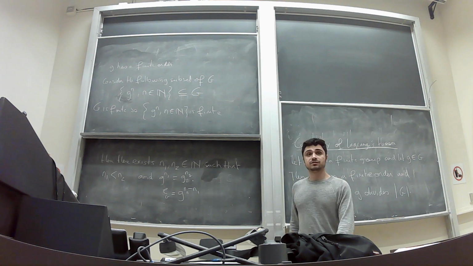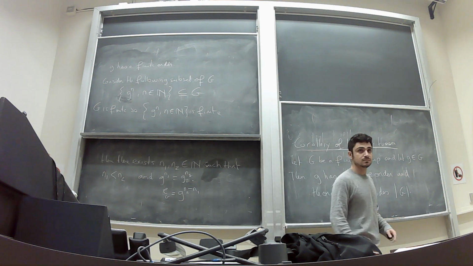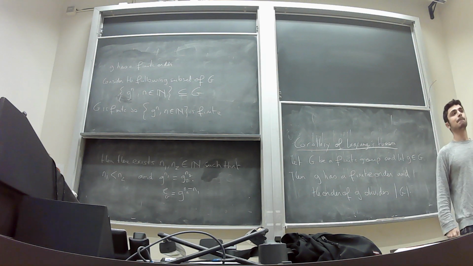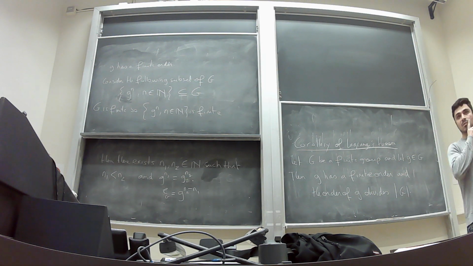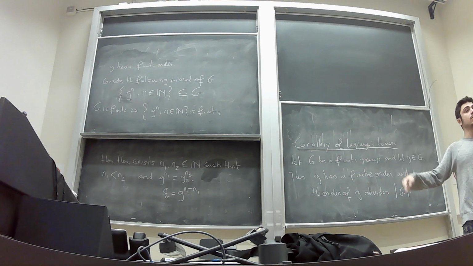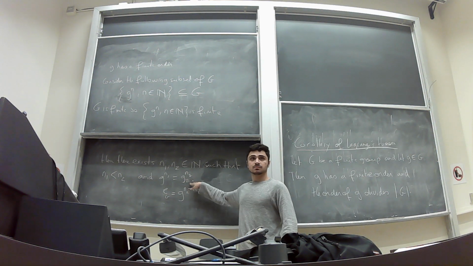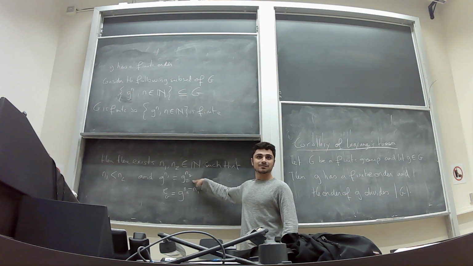This means that the order of g is less than or equal to n2 minus n1. This means that when you raise g to some power, you will get the identity. Is this statement clear, everybody?